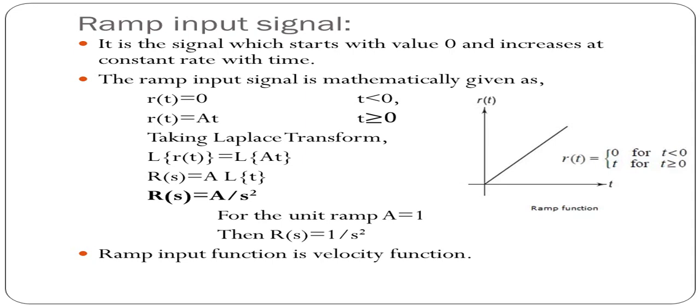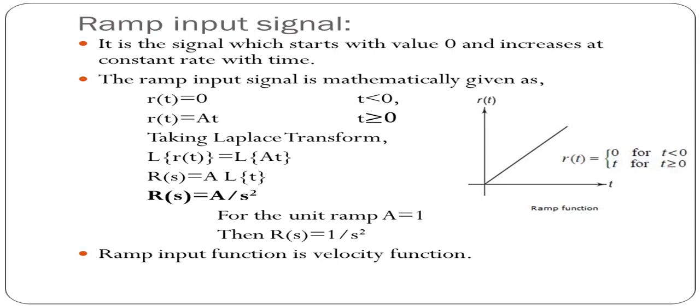Now taking the Laplace transform of both the sides, we will get r of s is equal to, again a is constant, keep as it is, Laplace transform of t is 1 upon s square. So finally r of s is equal to a divided by s square.